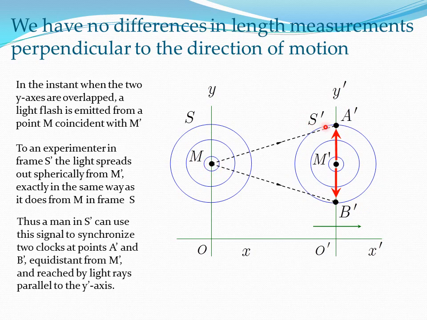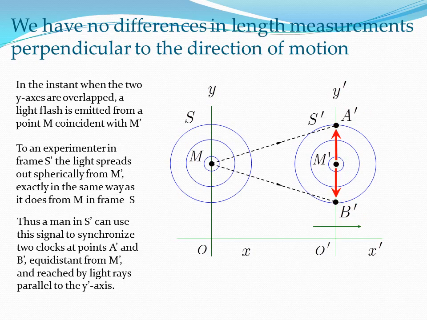Therefore, an experimenter in S' can use these light rays along the y' axis to synchronize two clocks located, one at a position A' over here and the second at a position B' over here at the same distance from M'.